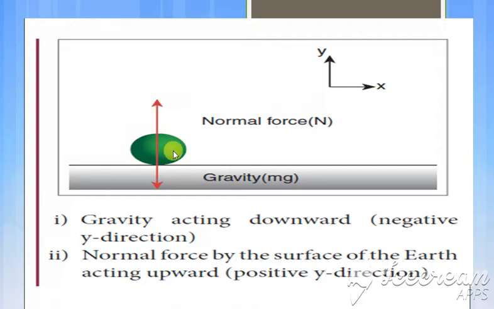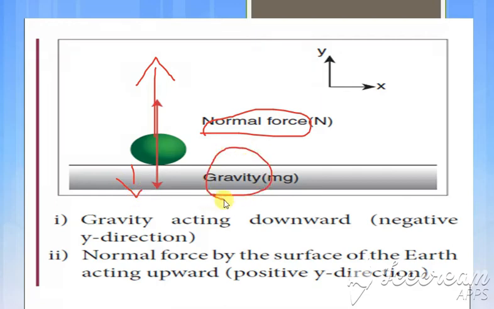So this is the object which is at rest, upward it has a normal force and downward it has a gravitational force. This normal force I am writing as N, and the gravitational force we write as mg. As we know, when we compare with the axes, there is no x-axis motion, only the y-axis. So we write this as N j cap, and this is again minus j because it is in the negative direction.